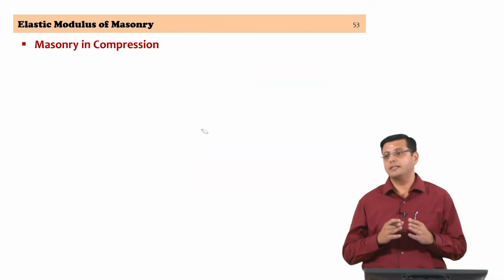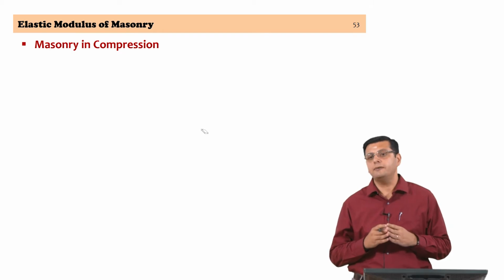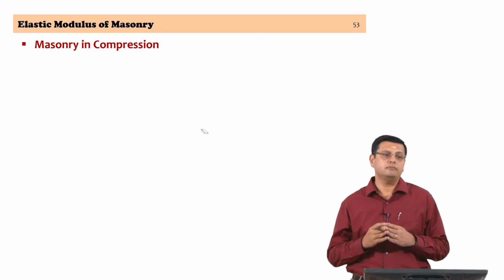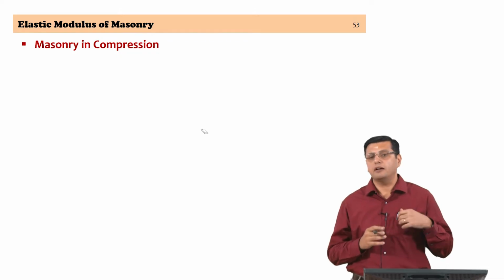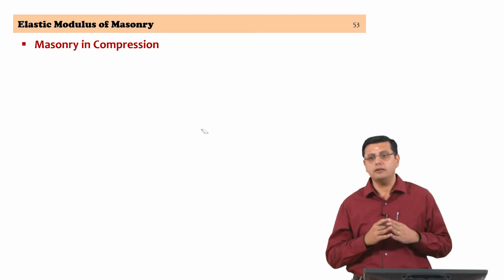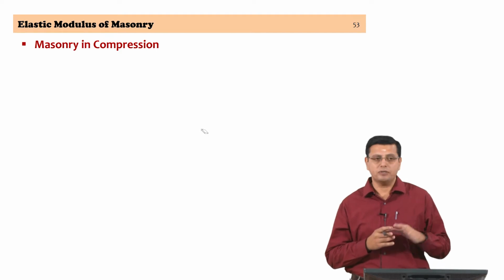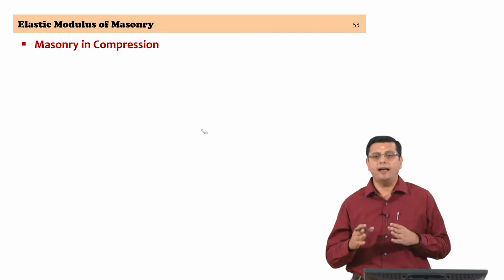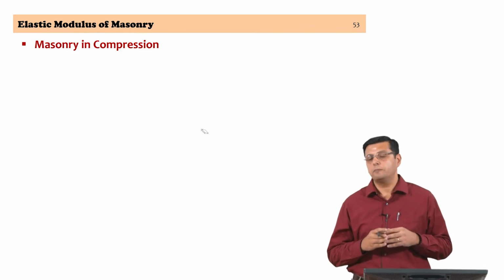We continue examining masonry under compression, but the modulus of elasticity is a parameter of structural interest, and we will examine how you go about getting the modulus of elasticity, and what is the kind of protocol that you should adopt, both from a test perspective and from arriving at the value of the modulus of elasticity of masonry.